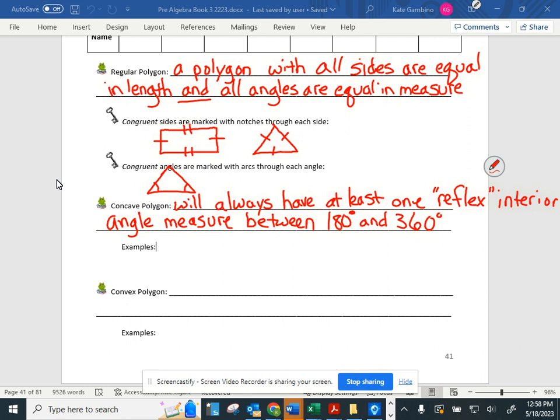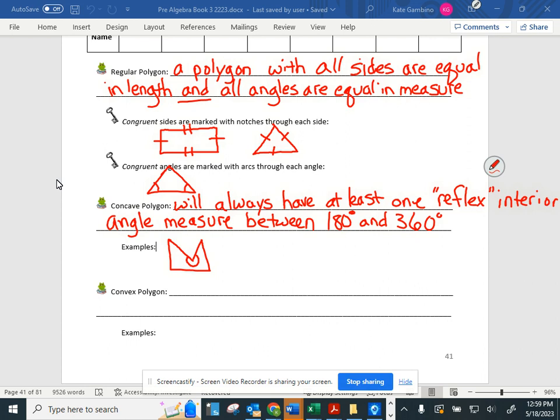Basically, what this means, if it's a concave polygon, it means there is a cave-in our shape. So instead of going up, it caves in. So this angle on the inside, the interior angle, is bigger than 180 degrees. Concave caves in. So you're going to have a cave-in on one side or more.